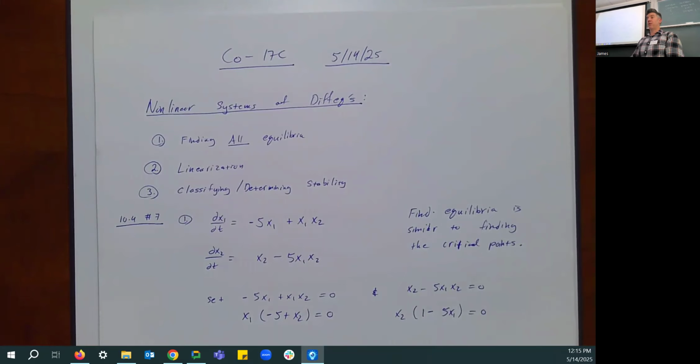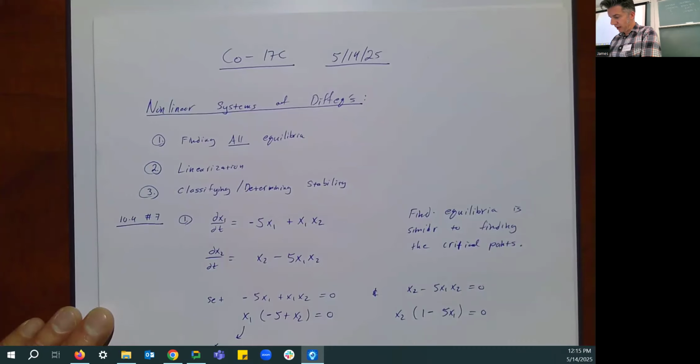So let's talk about what our critical points can be. In the first equation, I could have either x1 equal to 0 or x2 equal to 5.